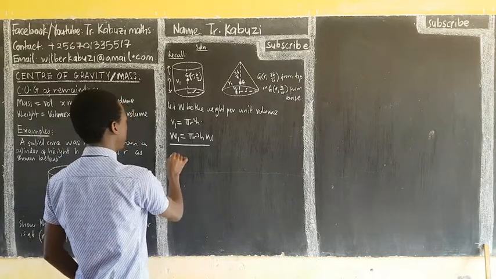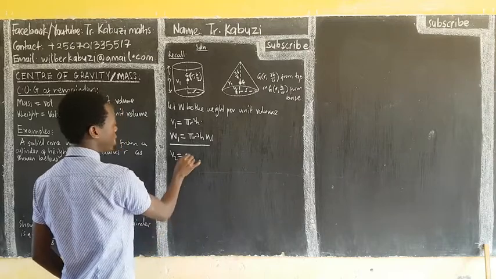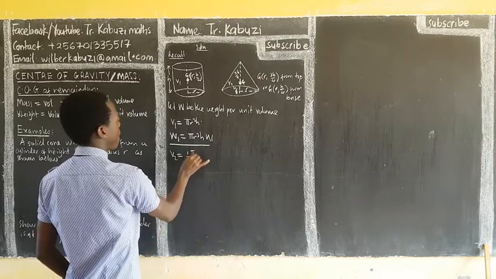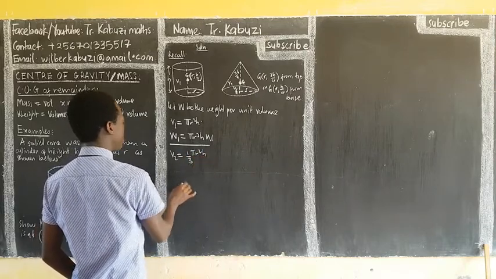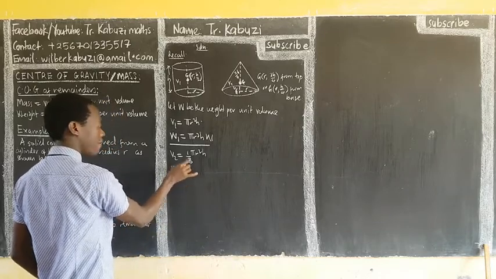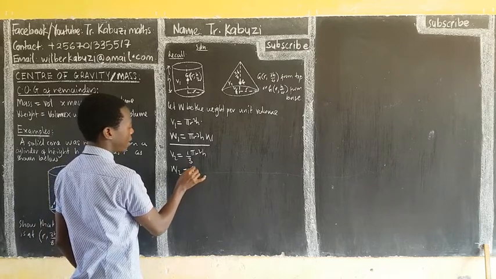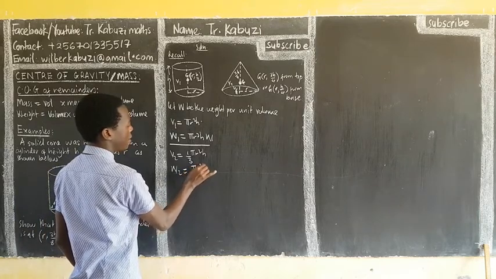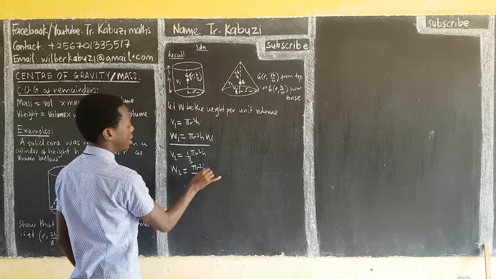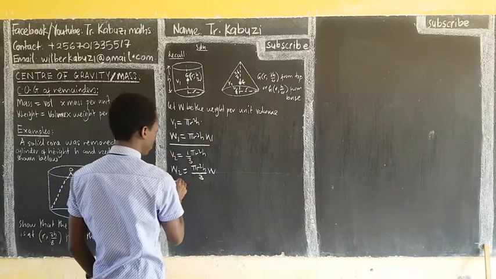Our second volume, V2, is a third of pi r squared h. Together with its weight, we get the volume, a third of pi r squared h, times W. So that's the weight of this cone.